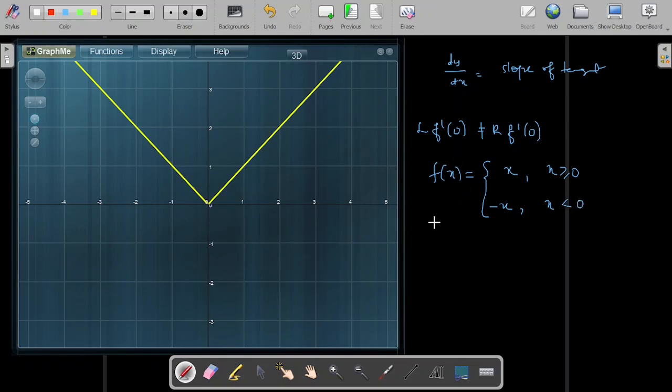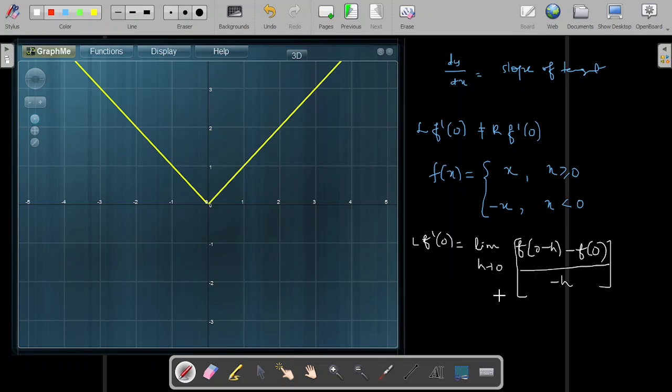As per this definition, LF dash of 0 is given by limit h tends to 0 of f of 0 minus h minus f of 0 divided by minus h, where h is a positive, very small quantity. And this is the definition of the left hand derivative.